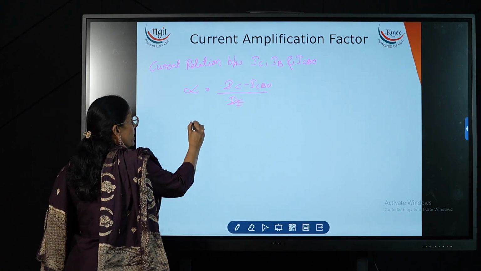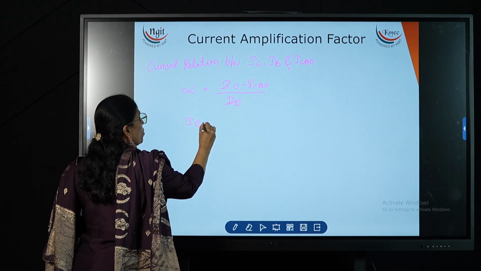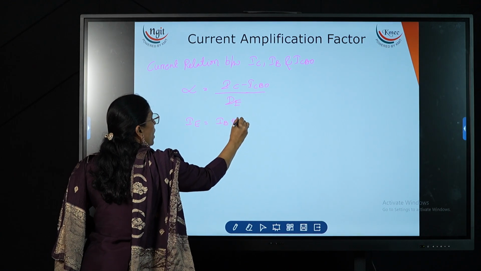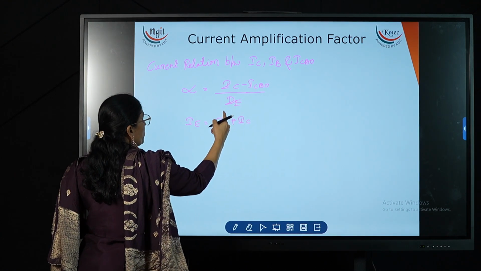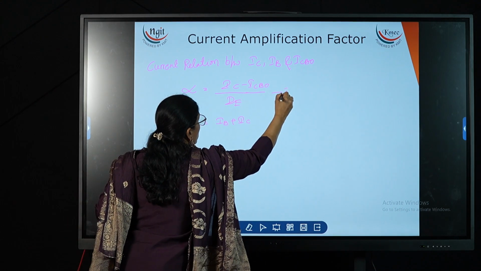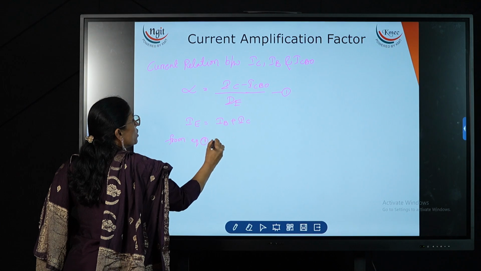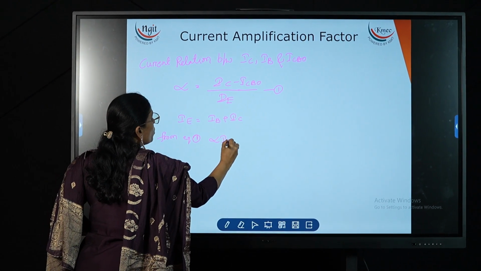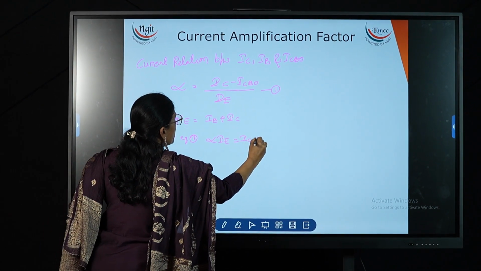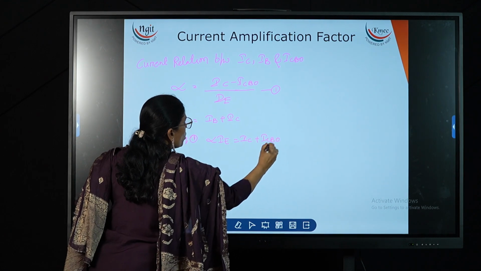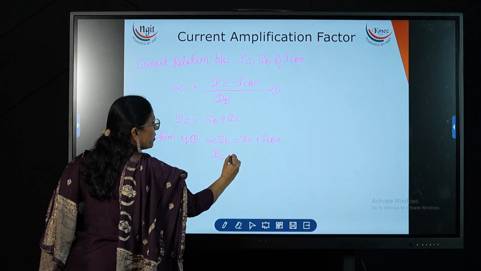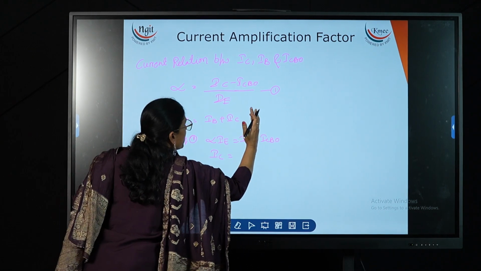Now we know the total current IE is equal to IB plus IC. From expression 1, alpha IE is equal to IC minus ICBO.